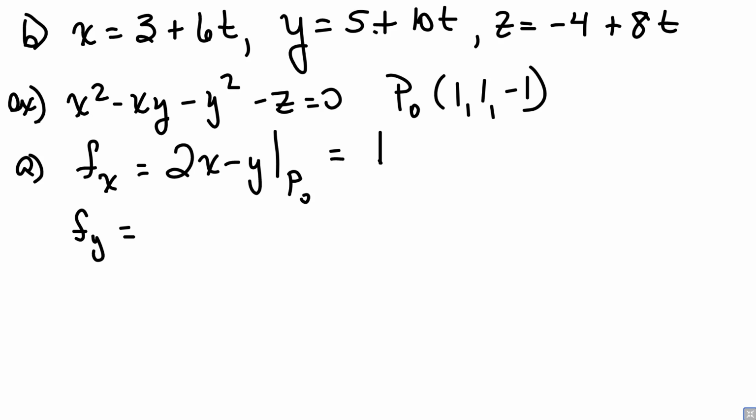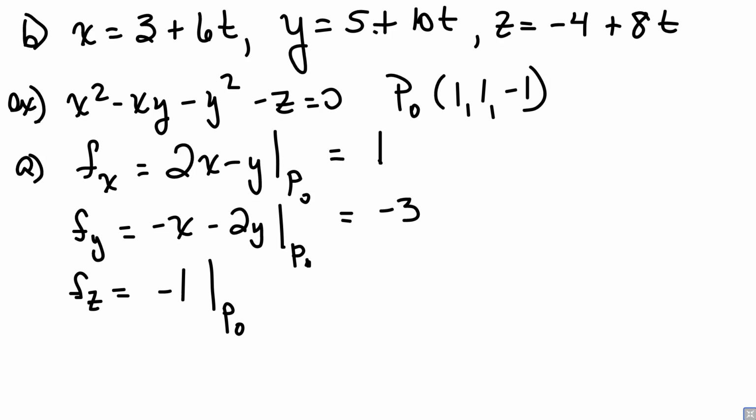So we're going to have negative x minus 2y. Now, if I evaluate that at P sub 0, what will I get? -3, good. And then if I do the partial with respect to z, what will I get? I get -1. And if I evaluate at P sub 0, I'm still going to have -1.